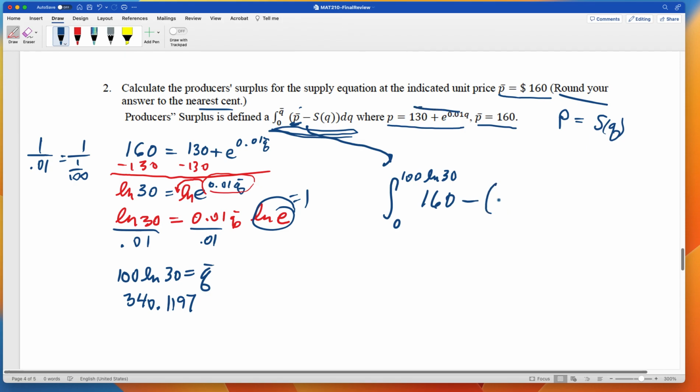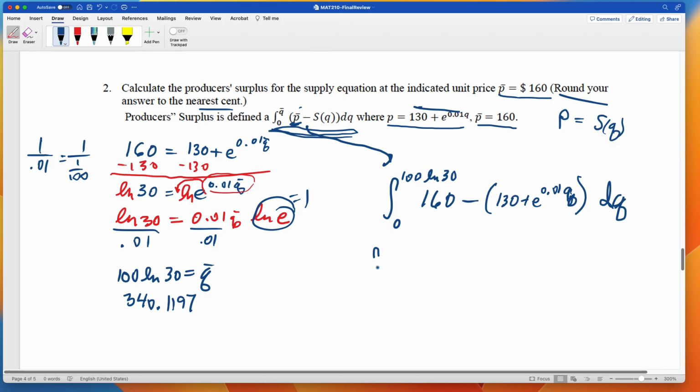And then we subtract S of Q, which is this function here. So then minus 130 plus e to the 0.01 Q dq. Now that negative is going to distribute.